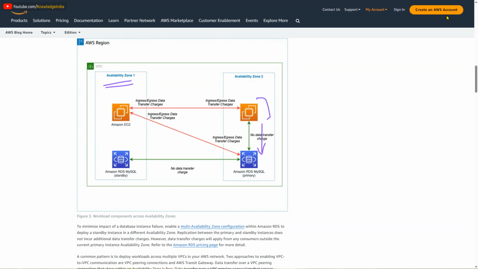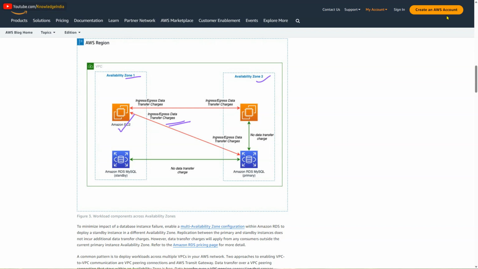Because of this, there is always traffic flowing between availability zones, at least in one case. In this scenario, for this particular instance, the traffic goes from availability zone 1 to availability zone 2, so there will be data transfer charges. In this scenario, there are no data transfer charges.